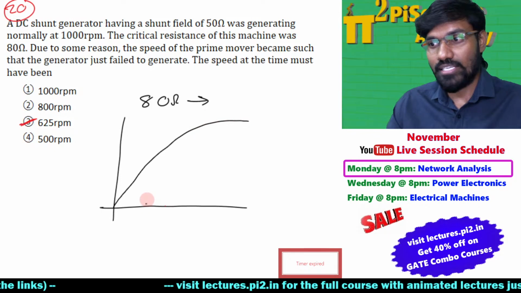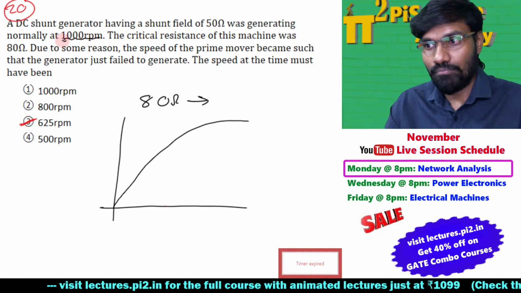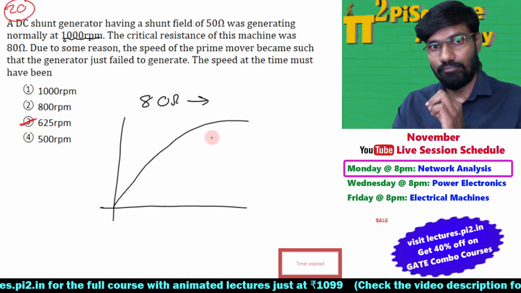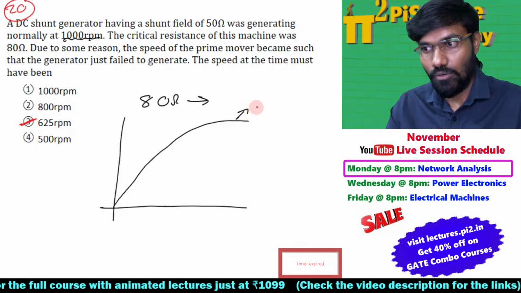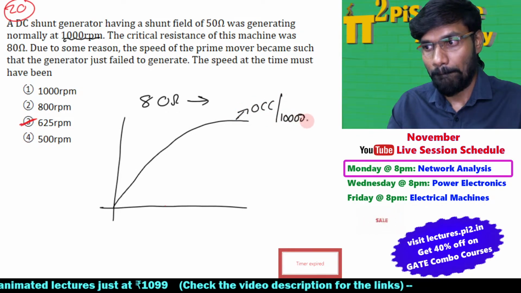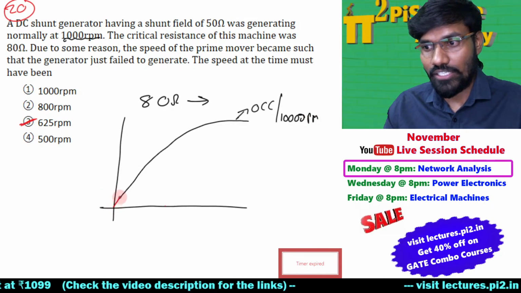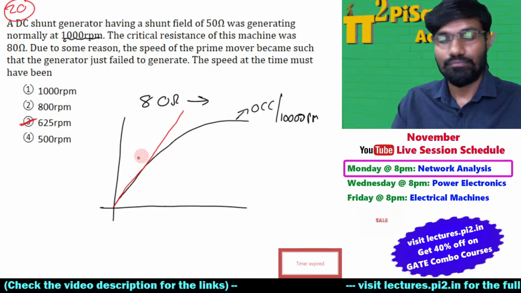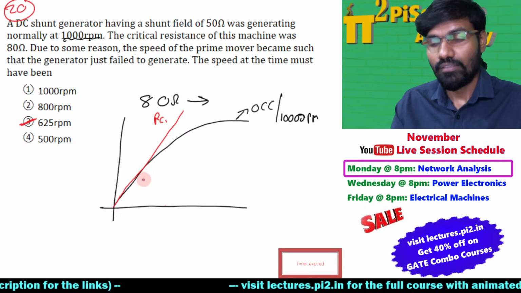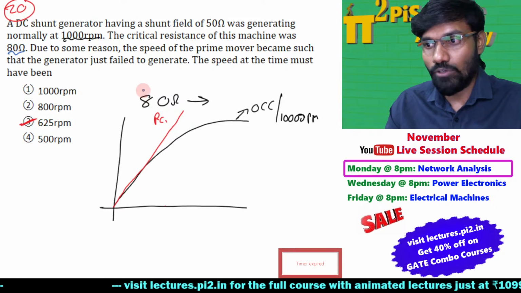This is the OCC. First case, 1000 RPM. OCC at 1000 RPM. The corresponding critical field resistance is the tangent to this, somewhere over here. This is RC1, which is 80 ohms.